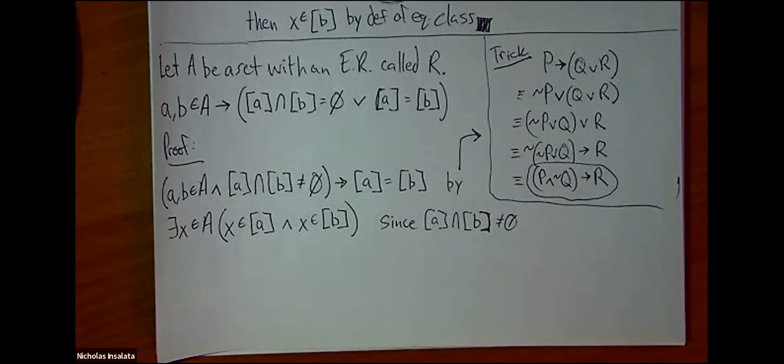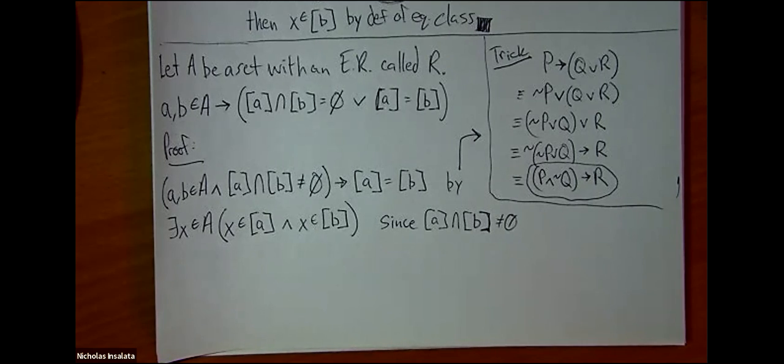Okay, so in a direct proof, you usually want to work from the definitions, right? So what definition do you think we would want to use here? Okay, let me help.